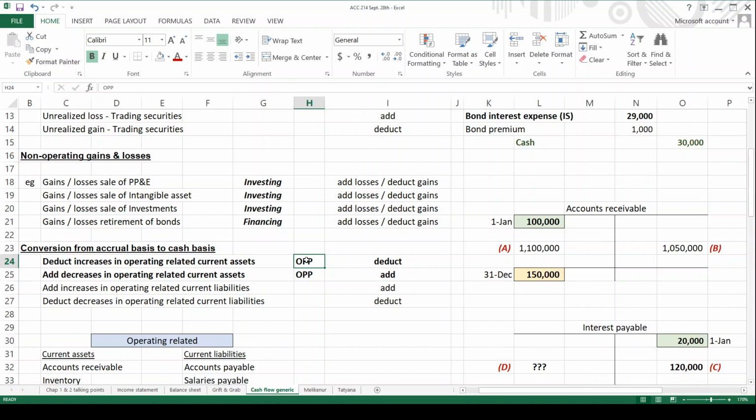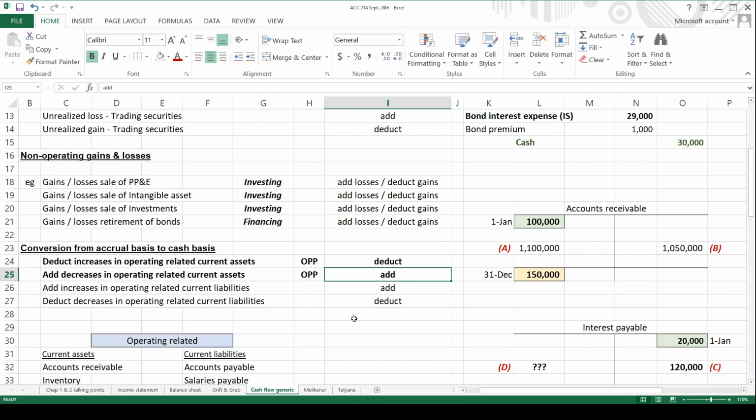So if accounts receivable goes up, what do you do? You deduct. If accounts receivable goes down, what do you do? You add. And the same thing is true of inventory, prepaid supplies, any other current assets related to operating activities, which would not include short-term investments, even though they are current assets.